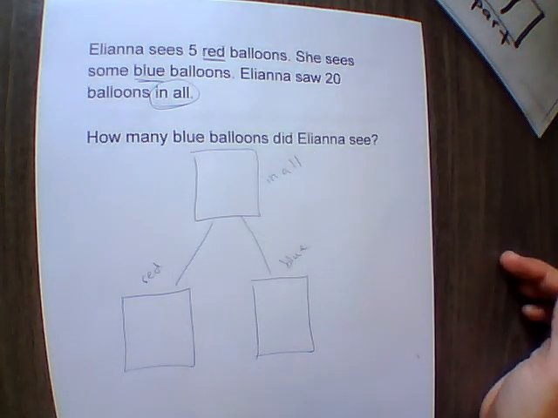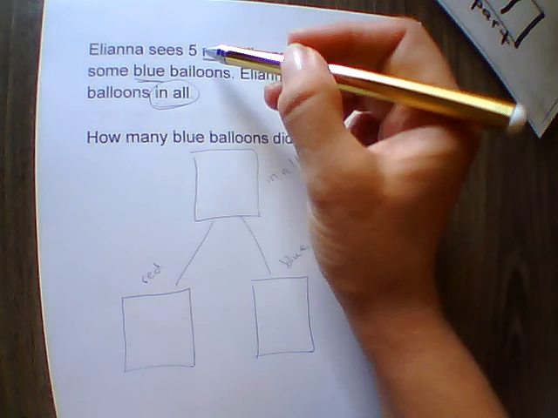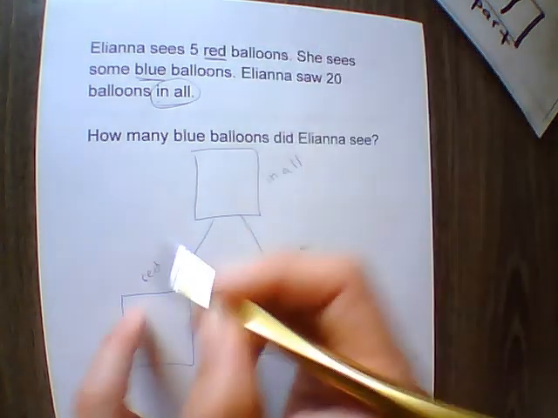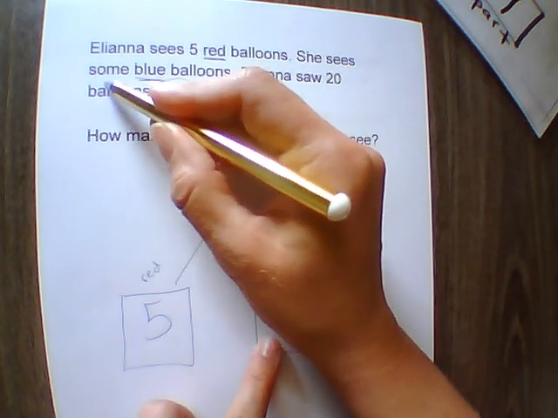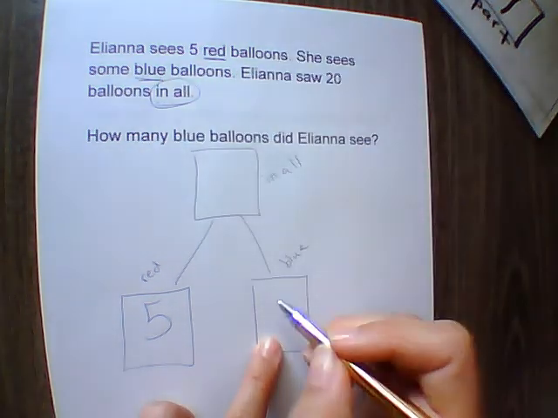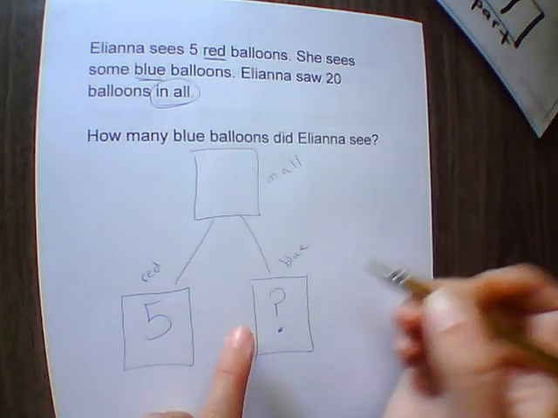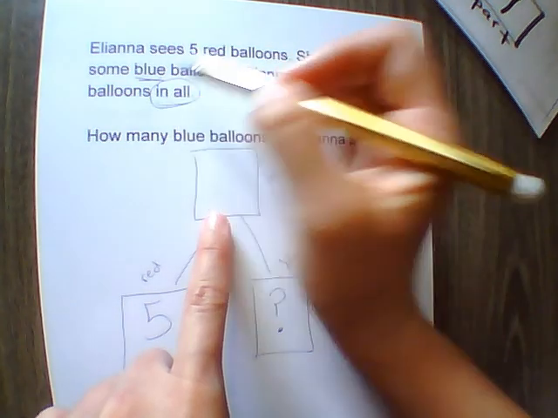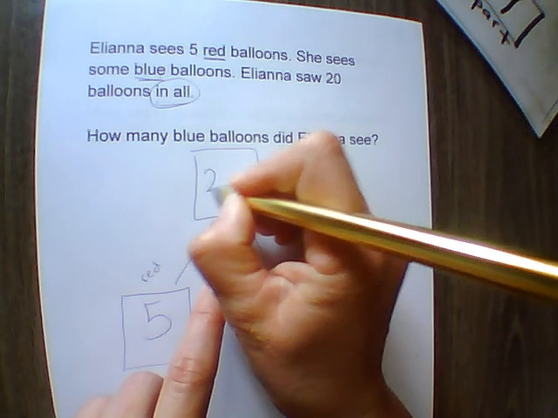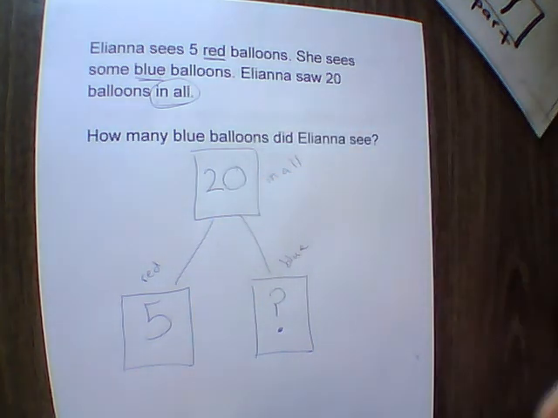So now that I've labeled, I'm going to fill those numbers in. So I know my red, I have 5. And my blue, not sure. It says some. So I'm going to put a question mark. And then I'm going to my in all, and it says Eliana saw 20 balloons in all. Notice that we have now read the word problem several times.